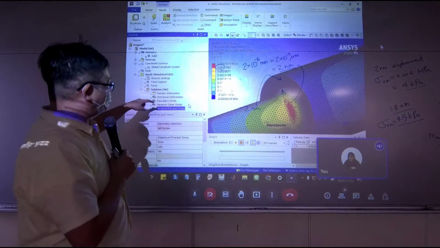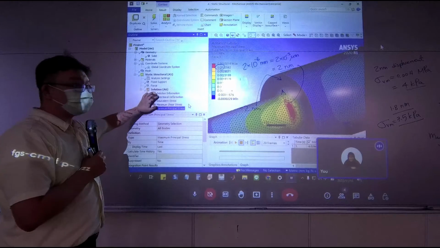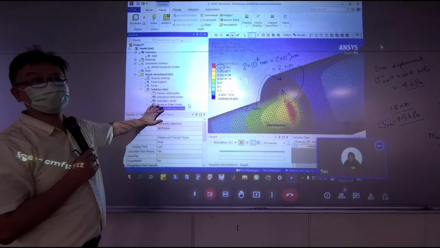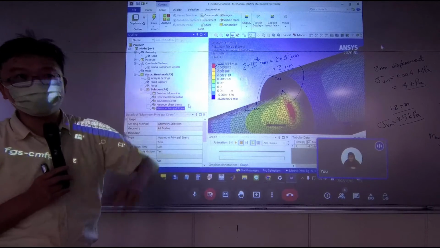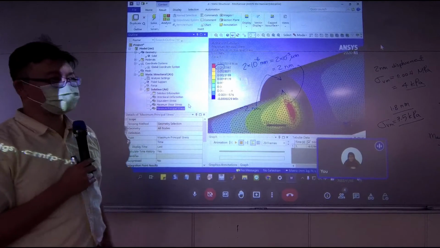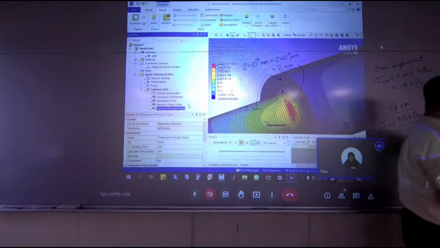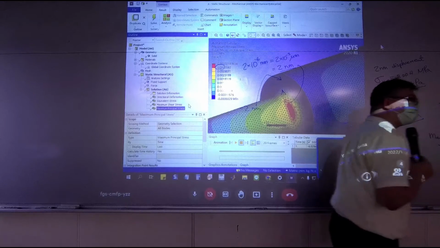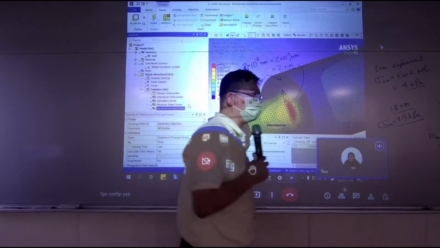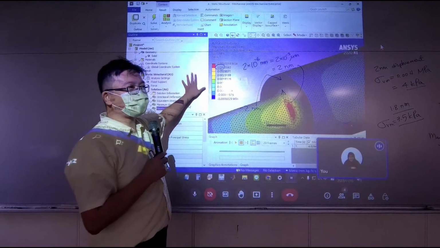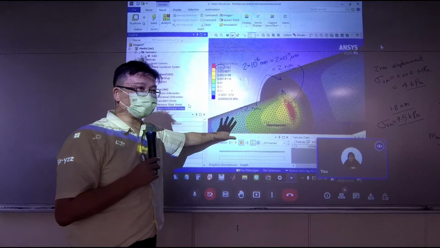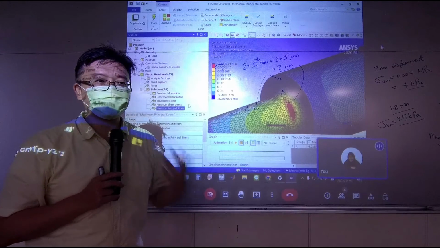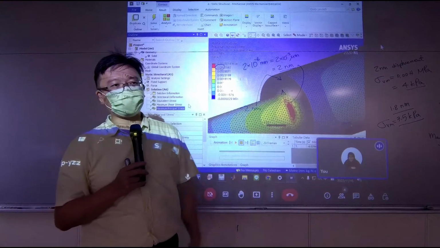Do you believe in von Mises stress? Or do you believe in shear stress? If you are conservative, you need to use shear stress to estimate your safety, because your safety is lower. So if one day in the future in a company, your supervisor asks you to design something, and you need to know your safety, then you need to question yourself or question your colleague.